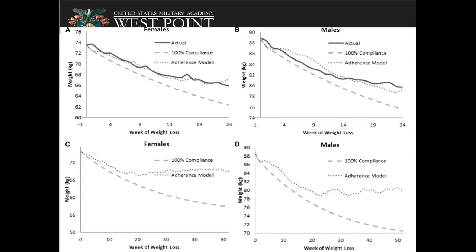And so on this particular weight loss, this is what the calorie study should have shown for that participant if they had stuck to their prescribed intake like glue. They were locked on. Actually, what happened was the solid curve, and I developed a model that I call an adherence model, where I put a stochastic element in it.